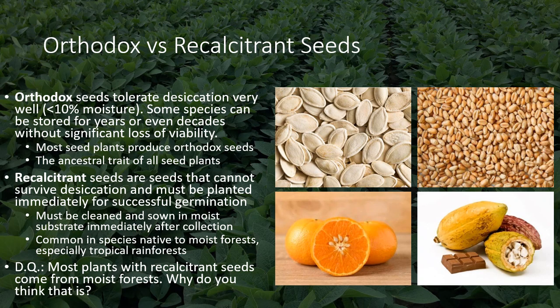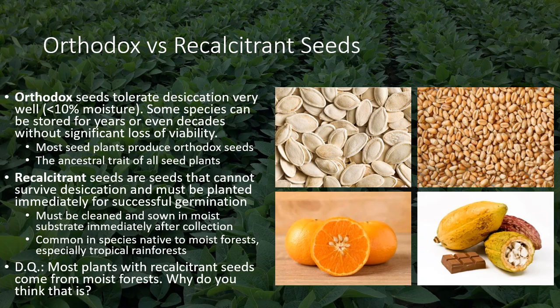So if you ever want to germinate orange seeds from an orange, or citrus seeds from a lemon or a lime, you have to pluck them out of the fruit, wash them thoroughly, and then plant them immediately into moist potting media, and then keep them moist until they germinate. If they dry out at any point, the seed dies.